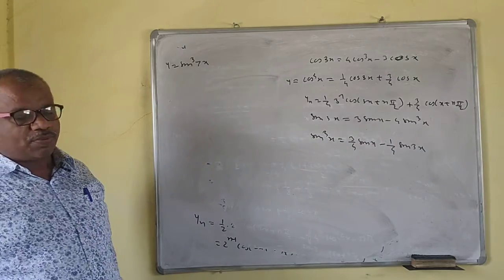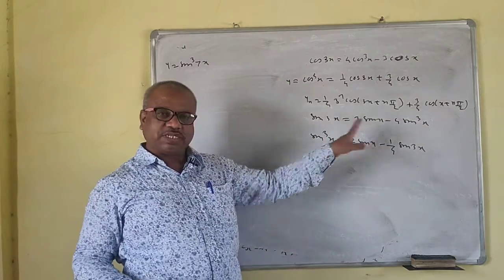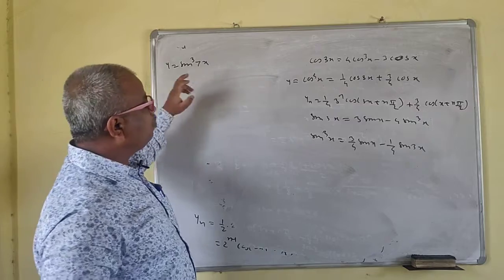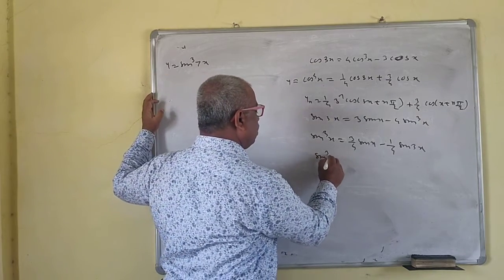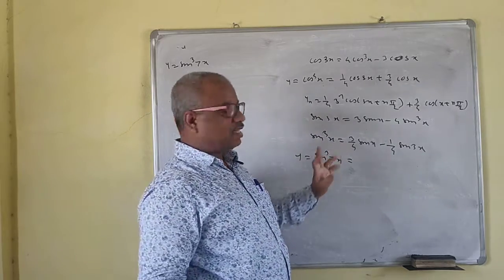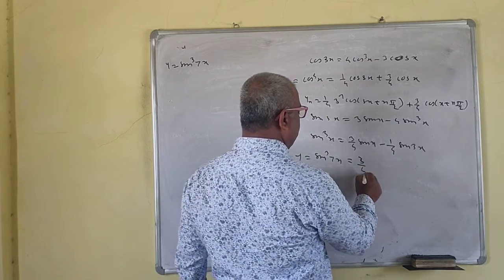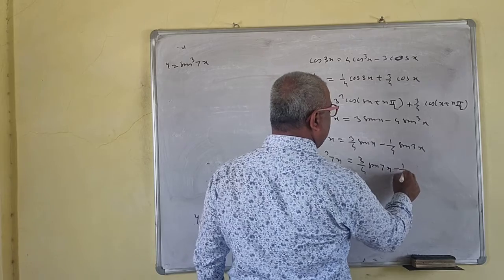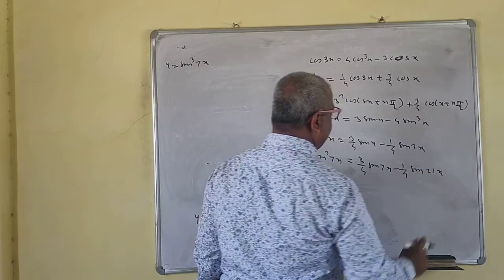So this is the formula for this one. Just write the formula for sin 3x as it is. Now you want sin cube 7x. So your sin cube 7x, this is your y, is equal to, what you have to do? You have to replace x as 7x now. So this is what? 3 by 4 sin 7x minus 1 by 4 sin 21x.